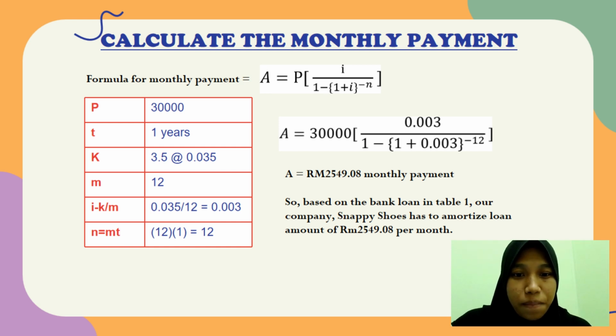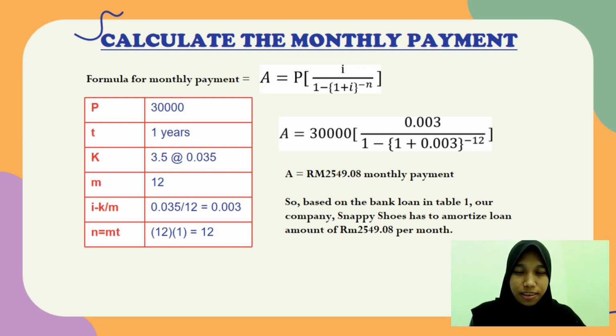So, based on the bank loan in Table 1, our company Snappy has to amortize the loan amount of RM 200,459 ringgit and 8 cents per month.